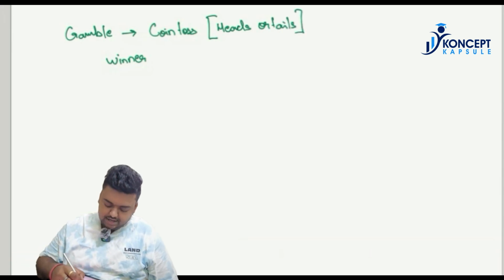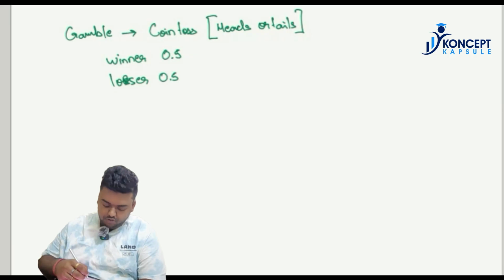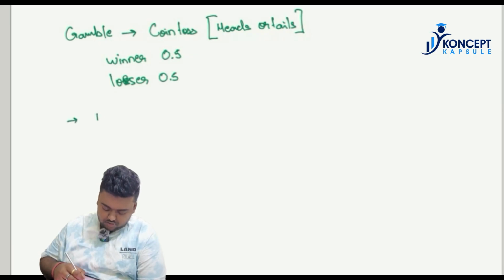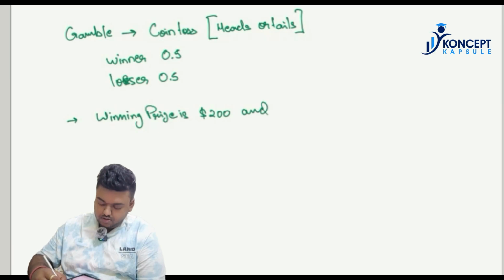So the winner has a probability of 0.5, whereas the loser has a probability of 0.5. Yes or no? Okay. Suppose the winning prize is $200, and there is nothing for the loser.